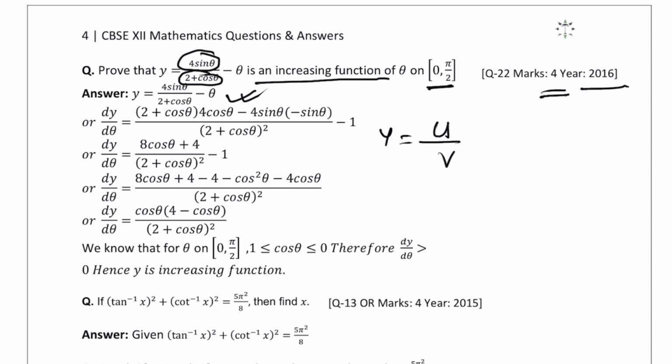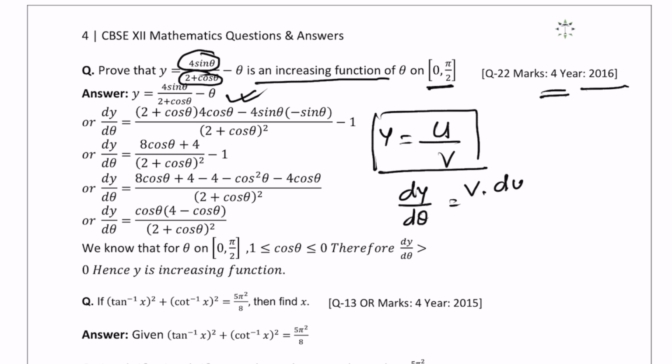We know that if y is in the form u by v, then dy by d theta is v into differentiation of u minus u into differentiation of v, divided by v square.